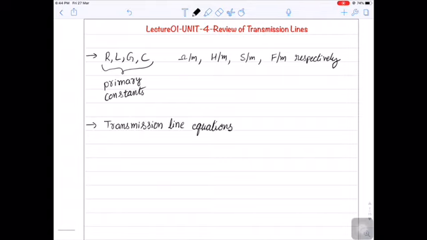There we try to find out how a voltage wave and current wave propagates in a transmission line.